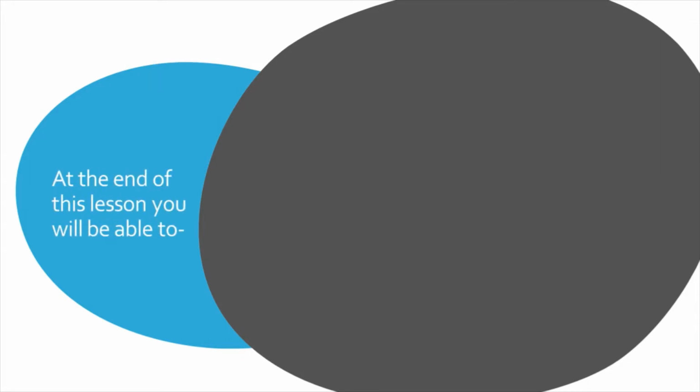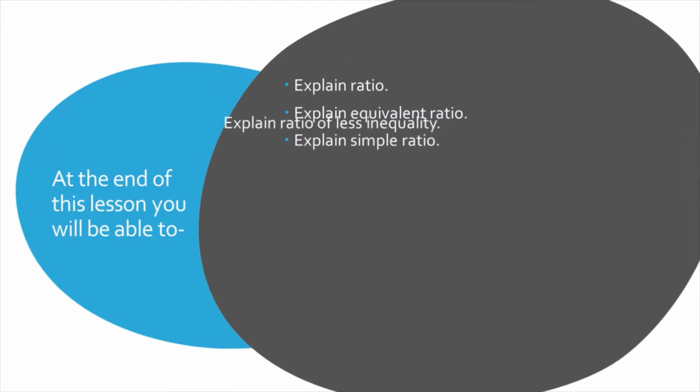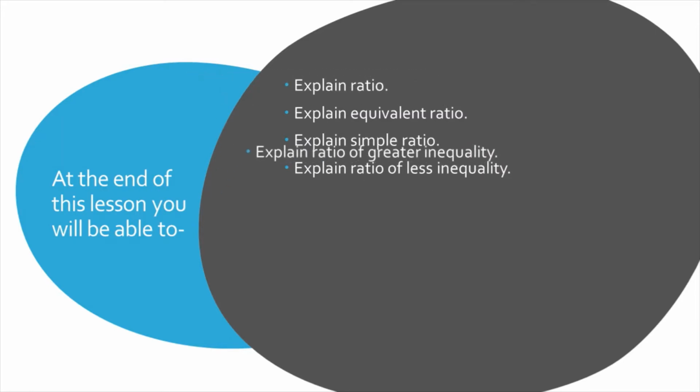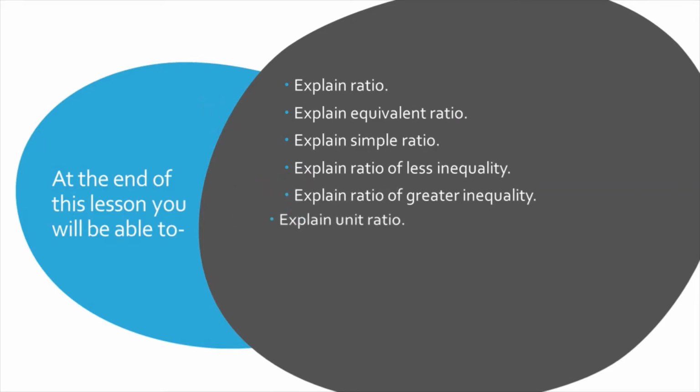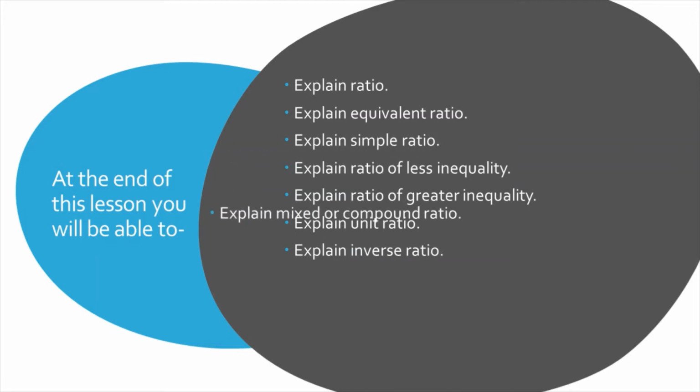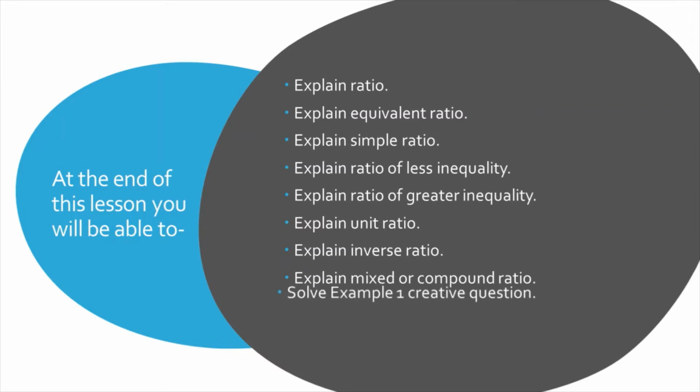At the end of this lesson, you will be able to explain ratio, explain equivalent ratio, explain simple ratio, explain ratio of less inequality, explain ratio of greater inequality, explain unit ratio, explain inverse ratio, explain mixed or compound ratio, and solve example 1 creative question.